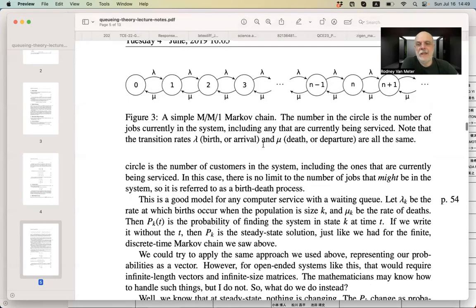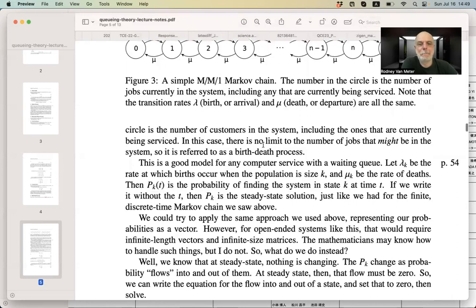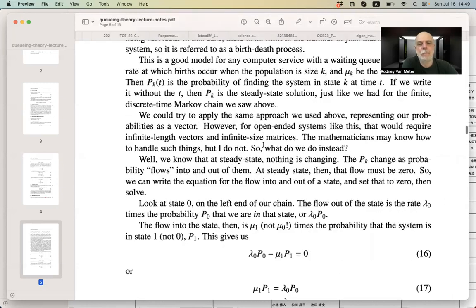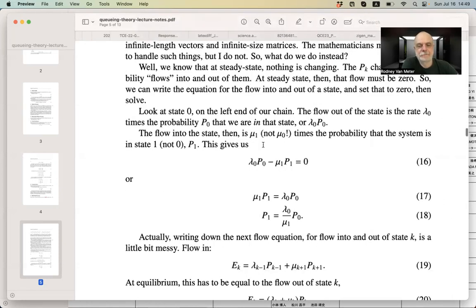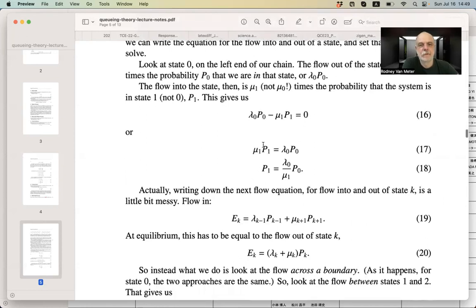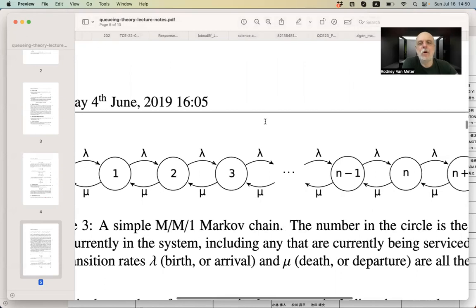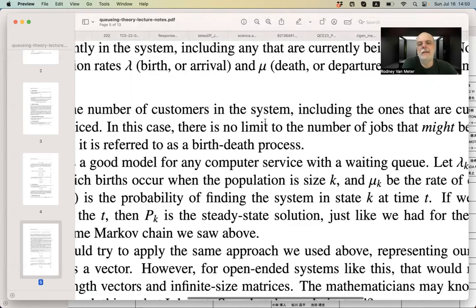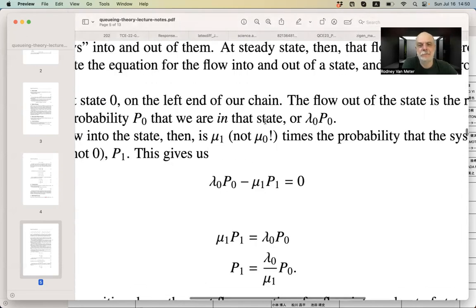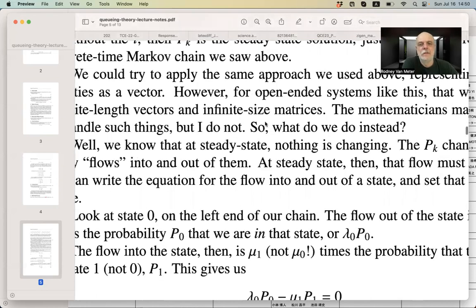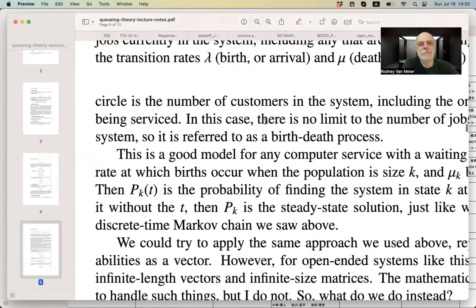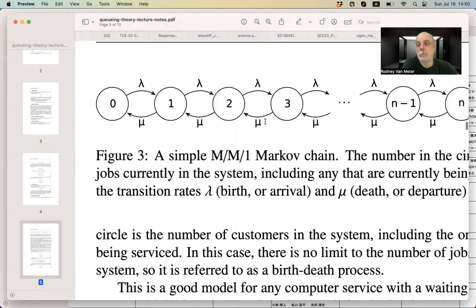All right, let's see. What do we want to look at here? We can think of this as what we call flow from one state into another. Remember these lambda and mu here, they're rates.